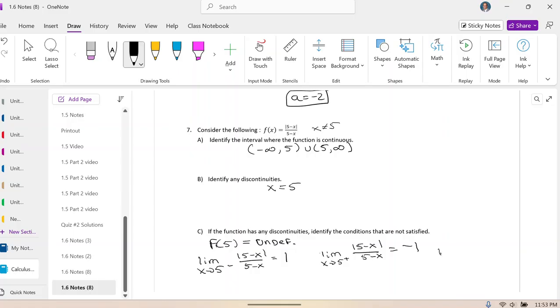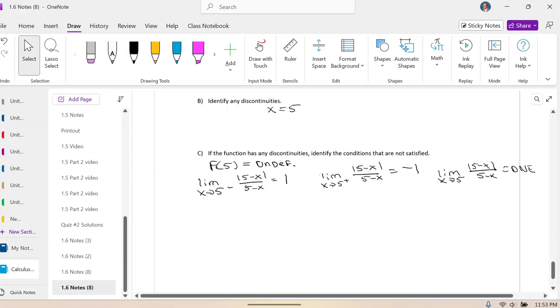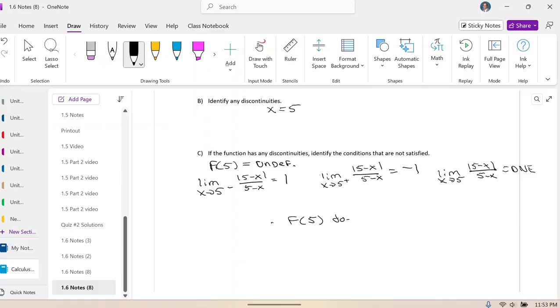So that means the limit as x approaches 5 of this function does not exist, right? So the conditions that are not satisfied for continuity is basically all of them. F of 5 does not exist.